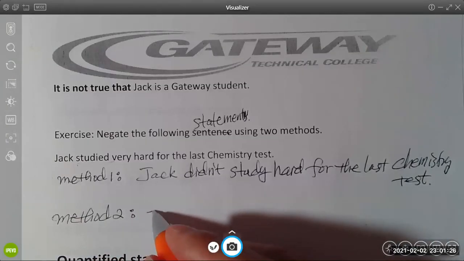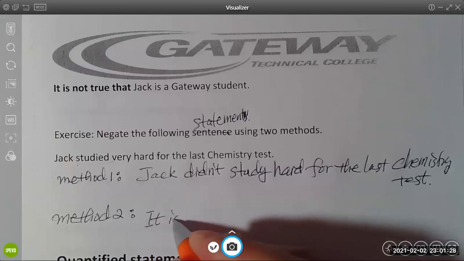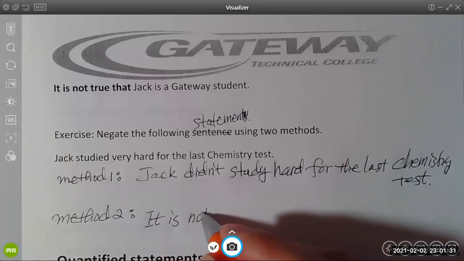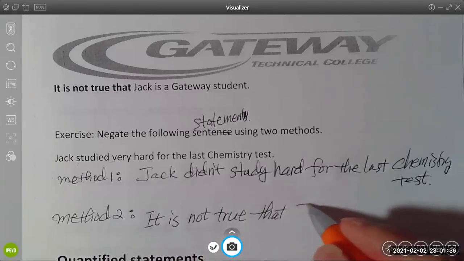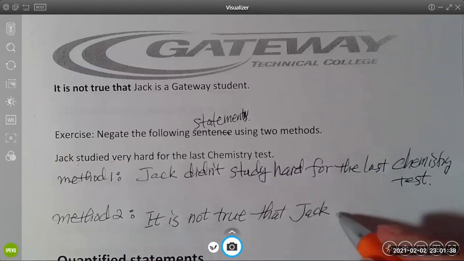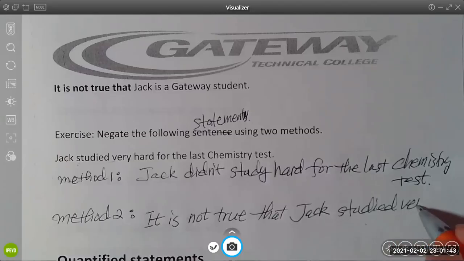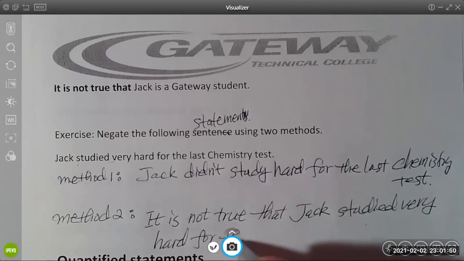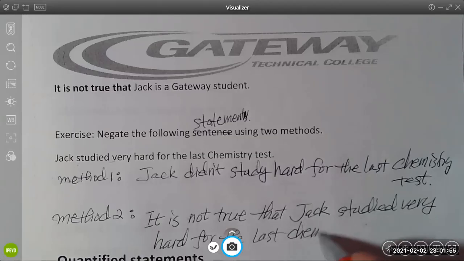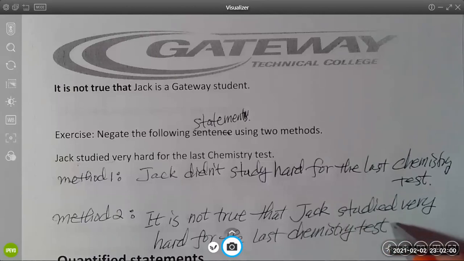It is not true that, and then copy the original statement: Jack studied very hard for the last chemistry test. Yeah, that's how we negate a statement.